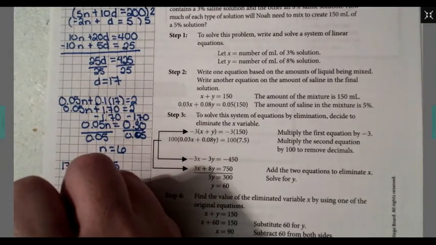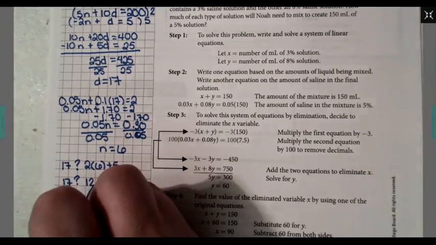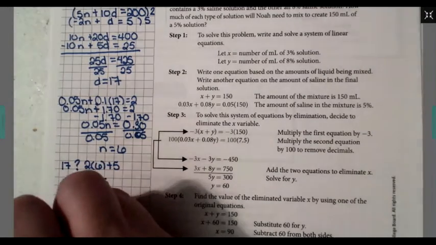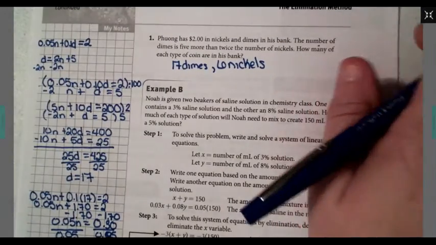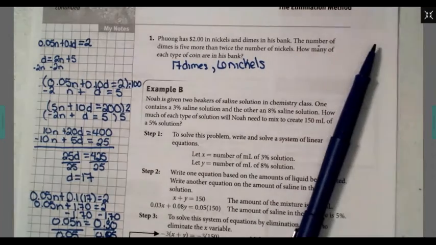Well, we're still trying to see if this works. 2 times 6 is 12. 12 plus 5 is indeed 17. So that solution does indeed work. We have 17 dimes and 6 nickels. On to the next set of questions.